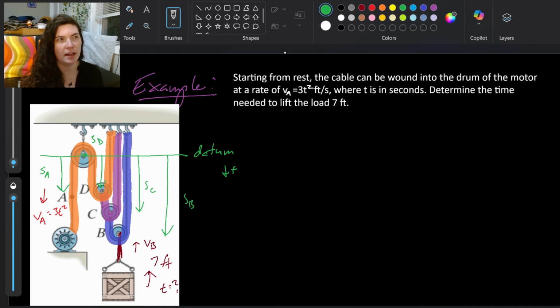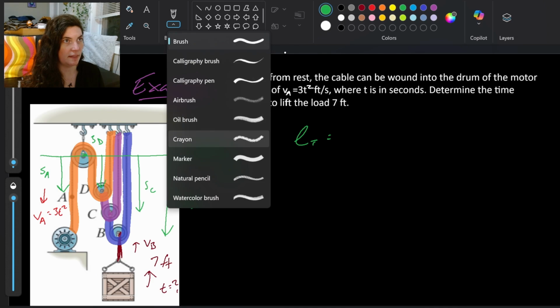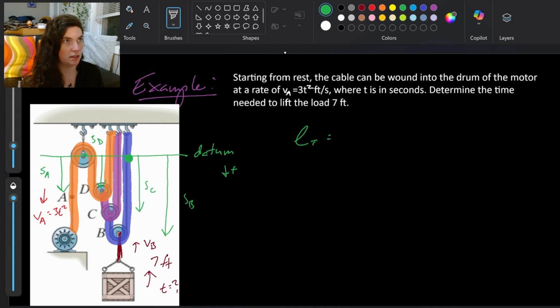So let's go ahead, I'm going to do these right to left actually. I'm going to start with what looks like the simplest pulley, which is the pulley around B. Again, I only need the lengths of things that are changing. The length is going to be SB, which is the distance from the datum down to B. I can ignore this curve here.